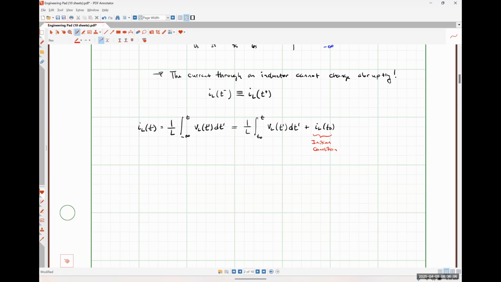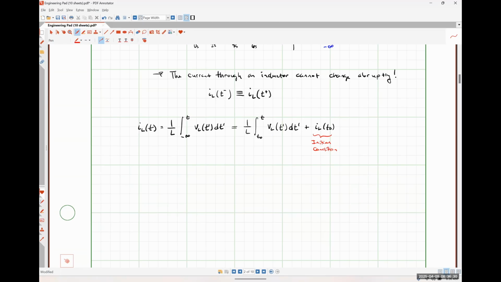So essentially, we can think of an inductor as a circuit element that has some limited amount of memory, because how it's behaving in the present is directly dependent upon what was going on in the past at that time t naught. Okay.